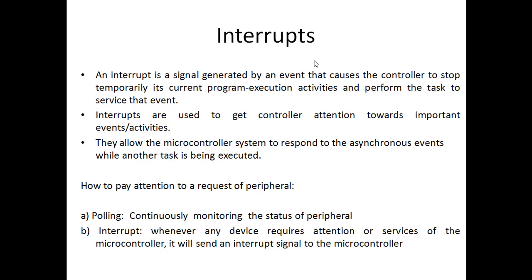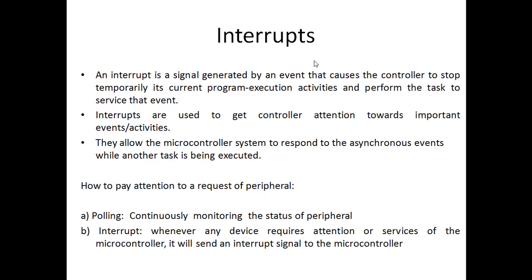While it is doing so, it cannot perform other tasks because it is continuously monitoring, meaning its time is getting wasted. It may be possible that the peripheral is not requiring any service from the microcontroller. It is not wanting any attention, but the task has been assigned to the microcontroller: you have to continuously monitor whether my peripheral requires service or not. So unnecessary time wastage and power wastage happens in polling. So what is the better option?